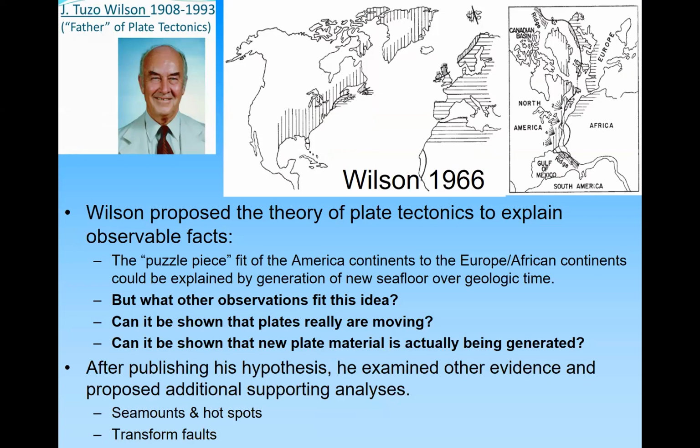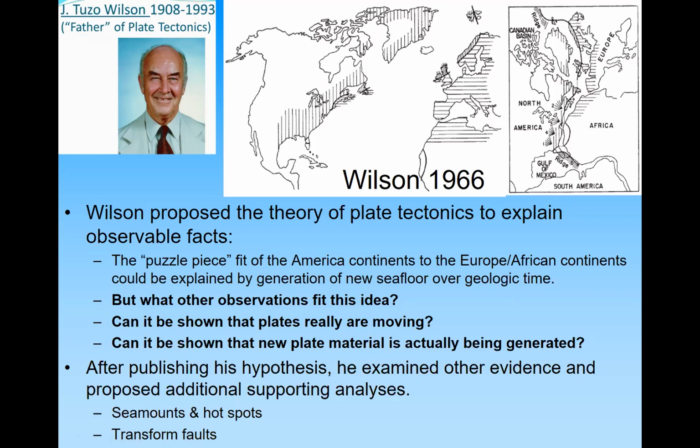But he proposed an entirely different mechanism to explain how this motion could take place, and this mechanism was provable by putting together observable facts about different processes. And so we start with the idea that there's a puzzle piece: the American continents and the European and African continents fit together.